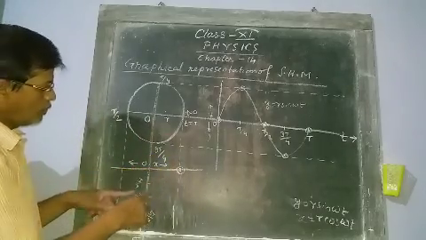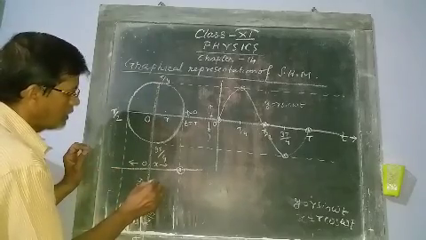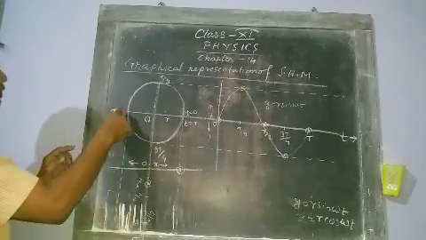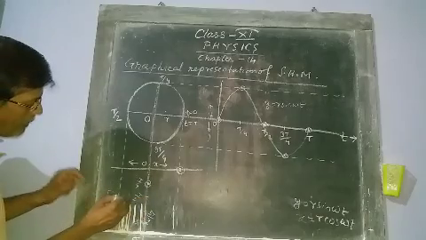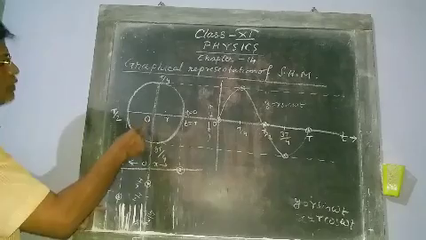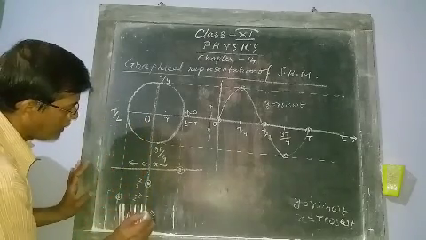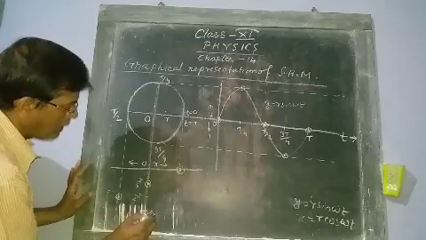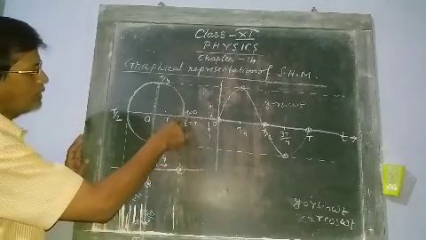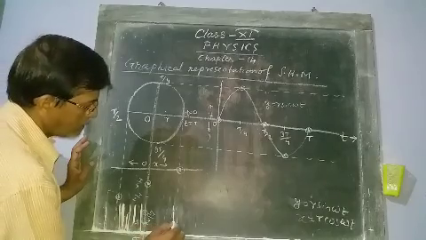When t equal to T by 4, the position is here, so this is the point. When t equal to T by 2, the position is here. When t equal to 3T by 4, the position is here. When t equal to T, the position is here.